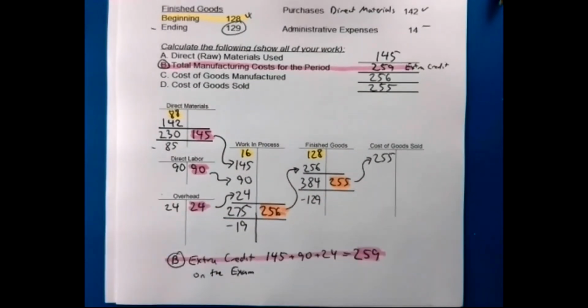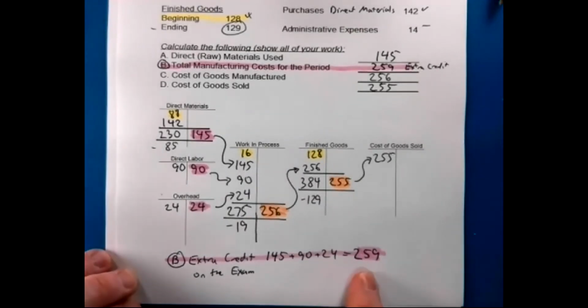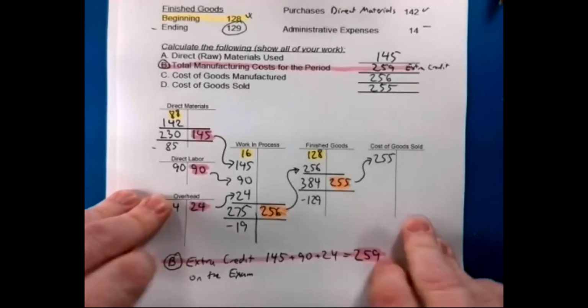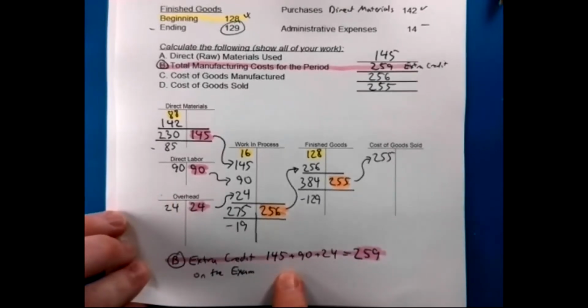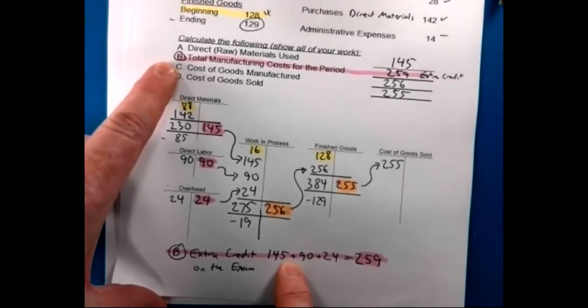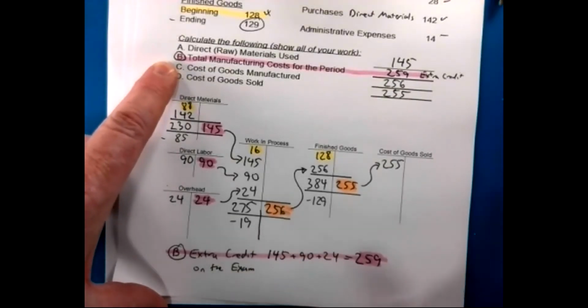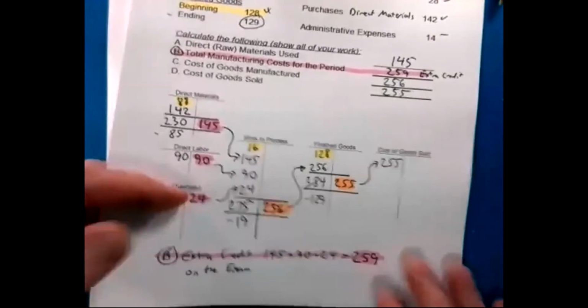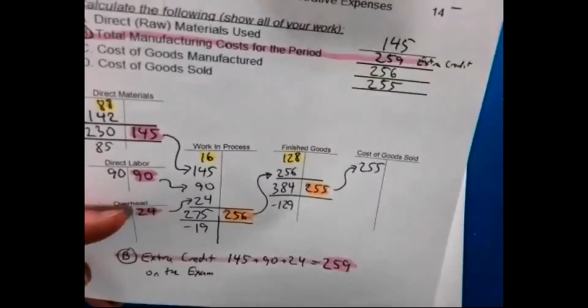On here you can put it down or not. But on the exam, if you do it on the exam, I'll give you extra credit for that one. So you have double extra credit for the email and then extra credit for this. So again, this is not required. B is not going to be required. B will be extra credit on the exam. If you don't do that, don't worry about it. It's 3 points to be added on.